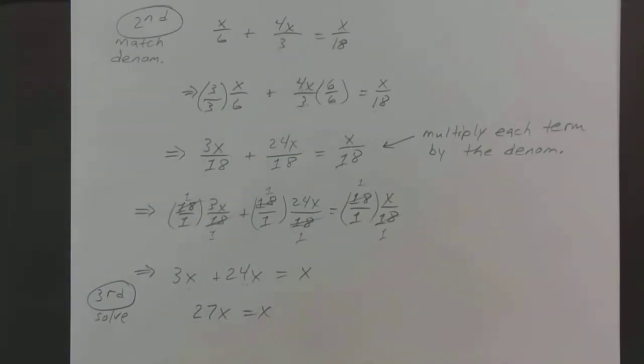Here, if you subtract x from both sides, you have 26x equals 0. You divide both sides by 26. 0 divided by anything is just going to be 0. So here you have x equals 0.